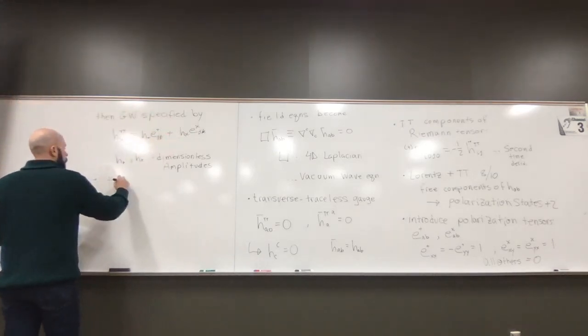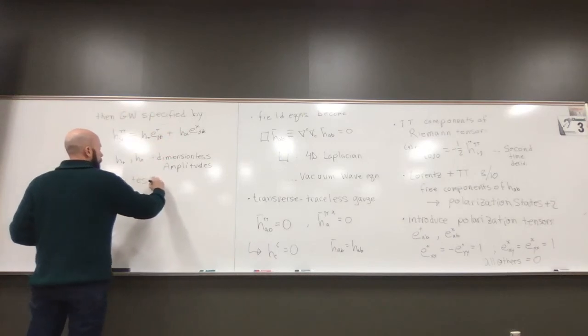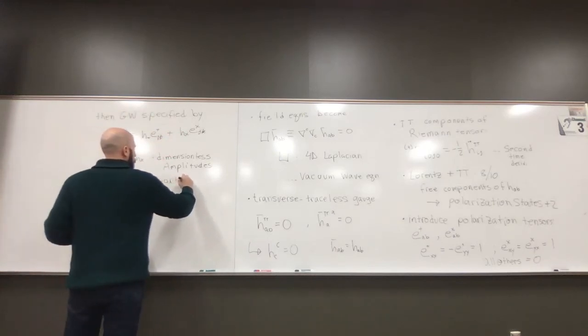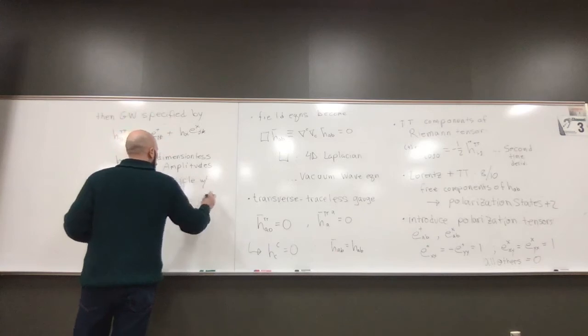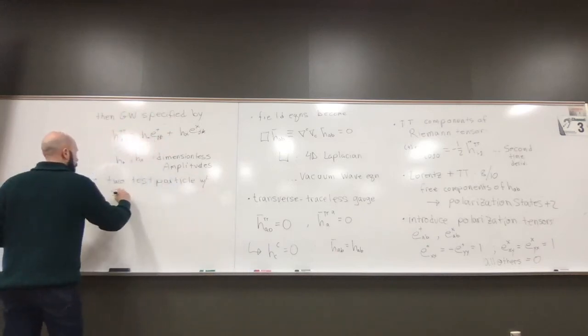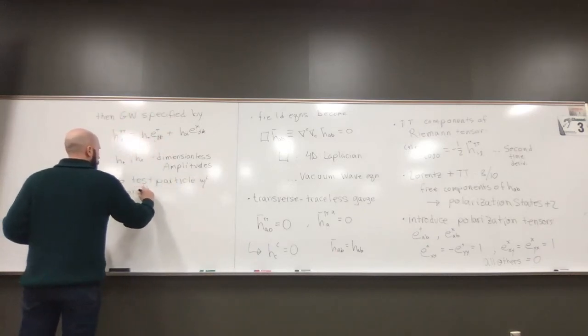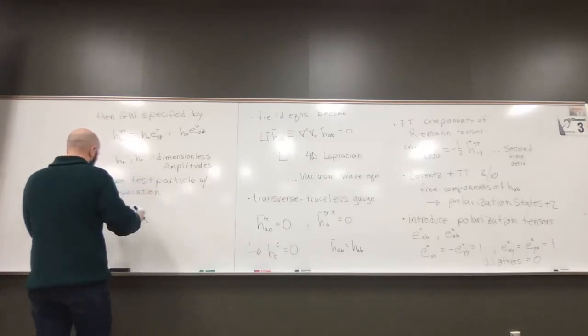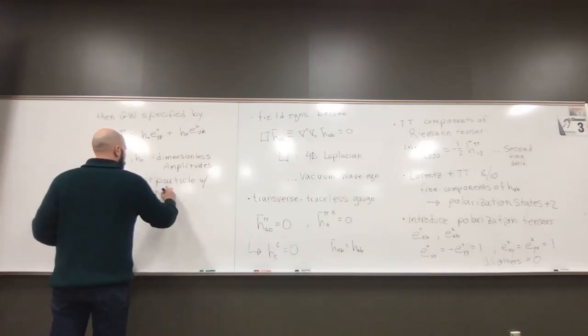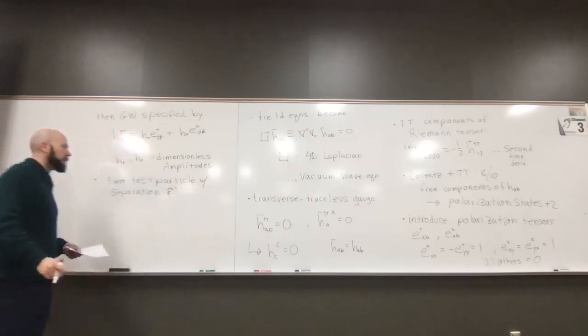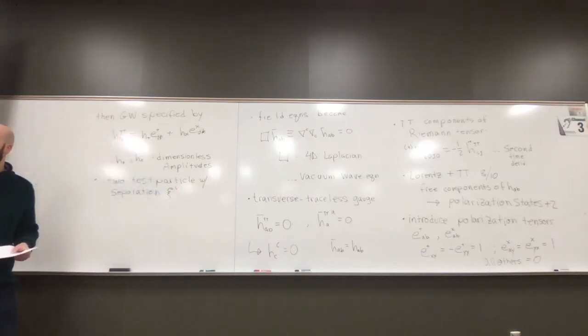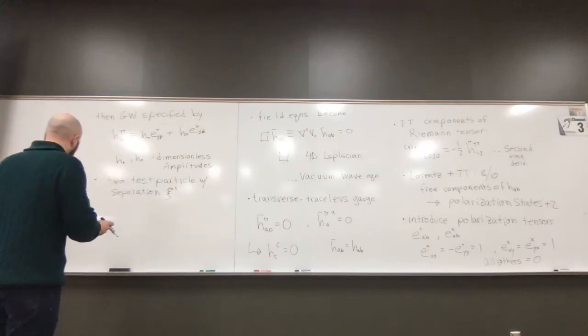So two test particles with separation initially, and I'm going to call it x_c^i, some vector separation between these two test particles.